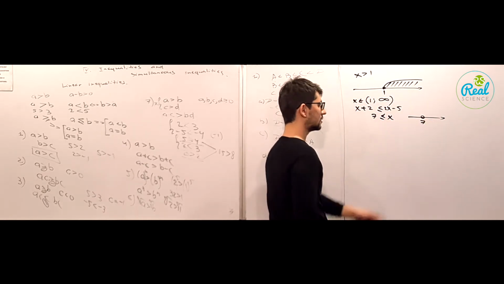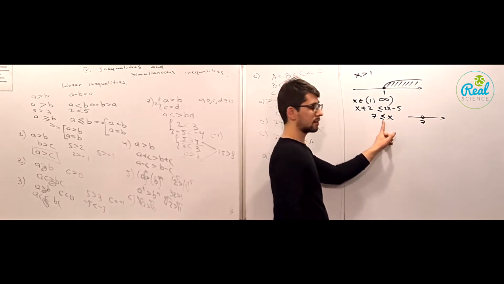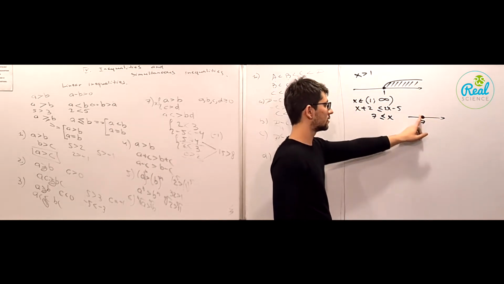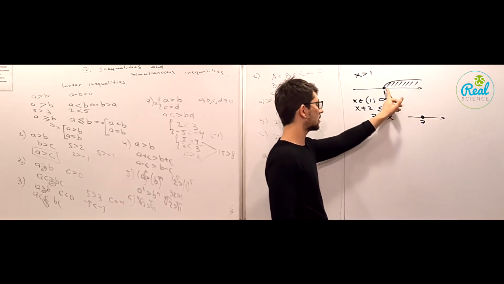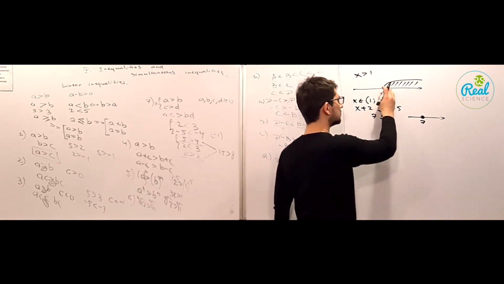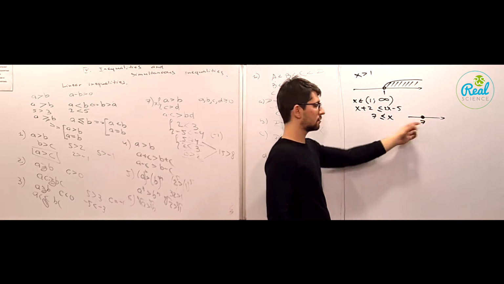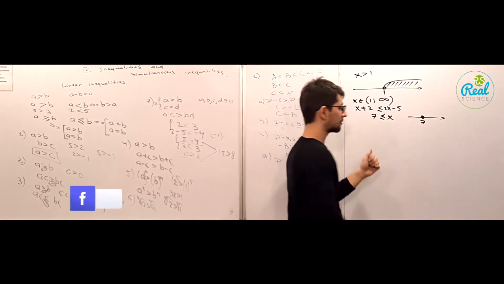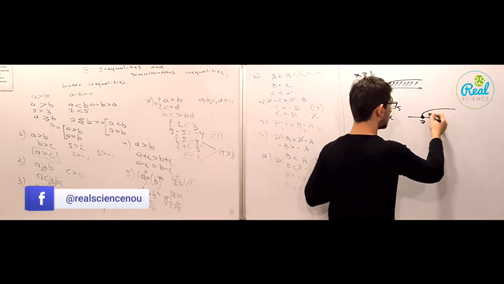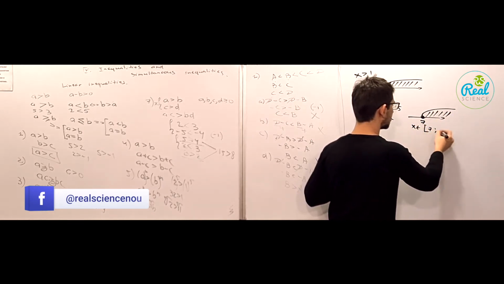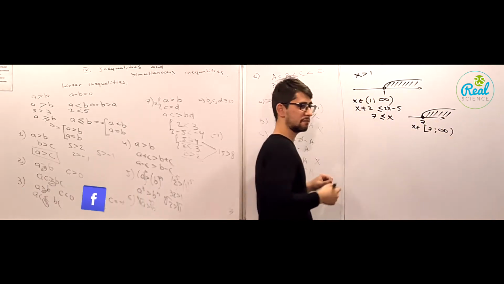You have 7. If you have an equality sign here, you have to include that 7, so you shade that circle. Here you left it open, but here you shade because you have the equality sign. Your x is greater than or equal to 7, meaning that your x falls within the interval starting from 7 till infinity, 7 included, okay?